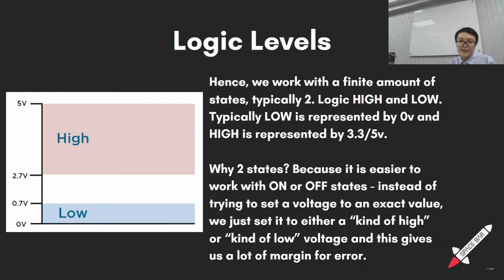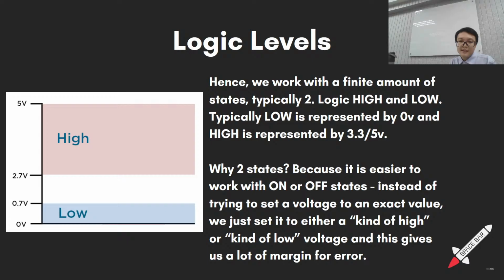Typically we define a range for logic level high, usually 2.7 to 5 volts. It depends on the chip, whether you're using CMOS, LVMOS, whatever. Low is from 0 to 0.7 volts. This is because of noise.